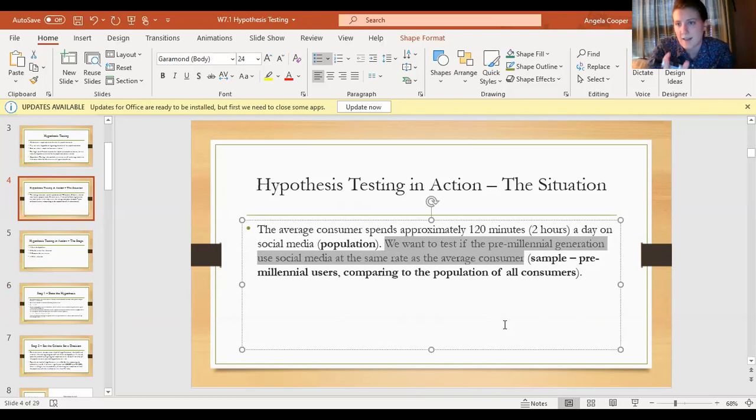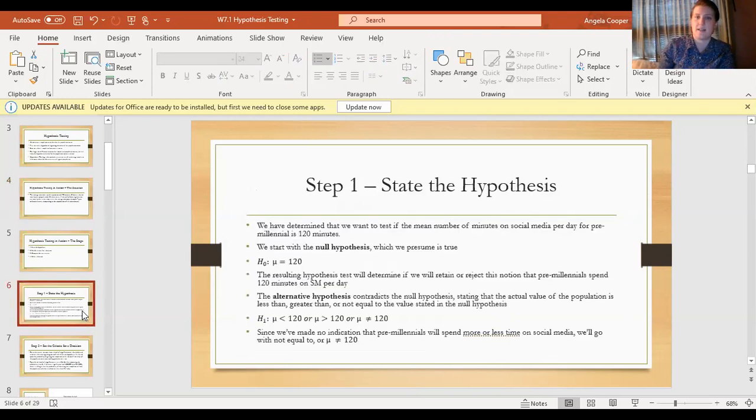With that sentence, it's not really making any clear indication that Generation Z uses social media more than the average consumer or less than the average consumer. It's just saying the same rate. So since we don't have a clear direction as to what we think Generation Z's social media usage is, we're going to go with not equal to.